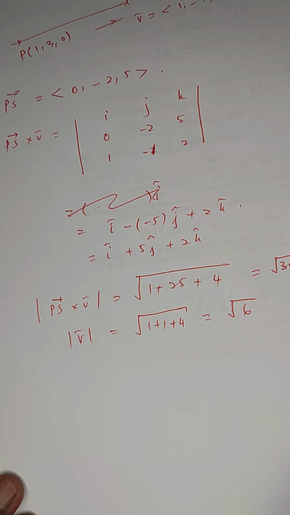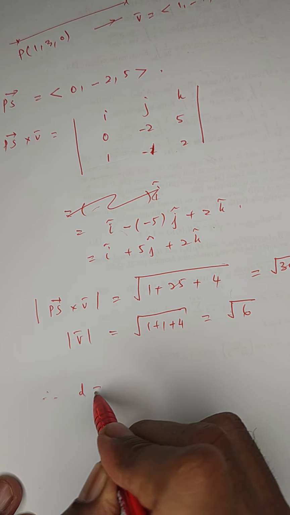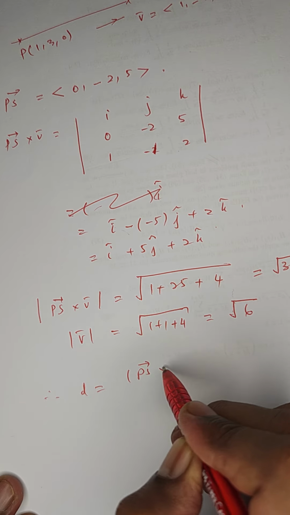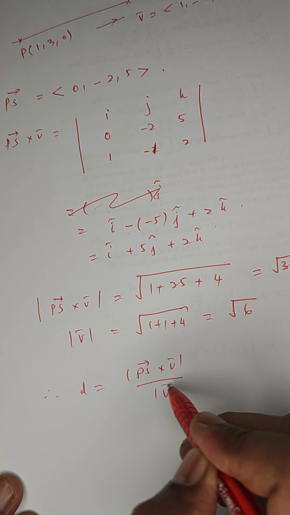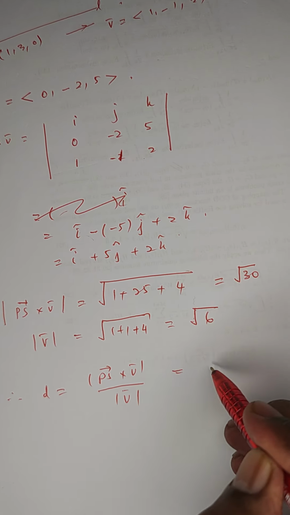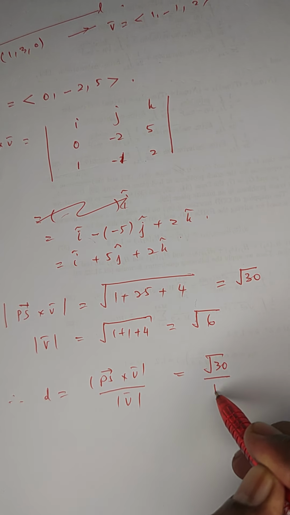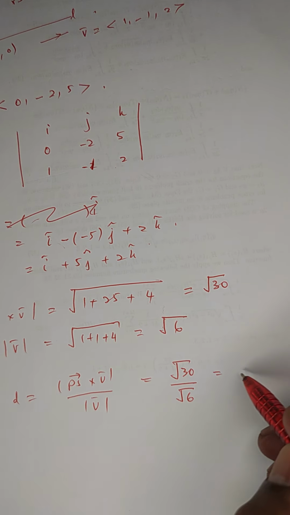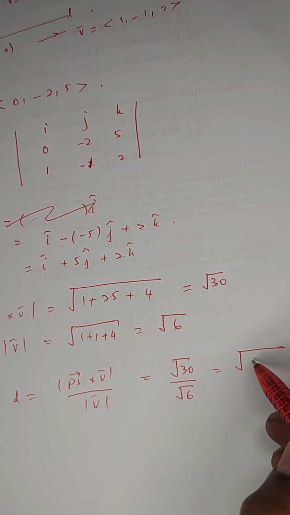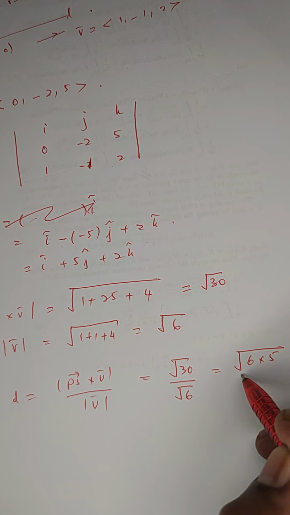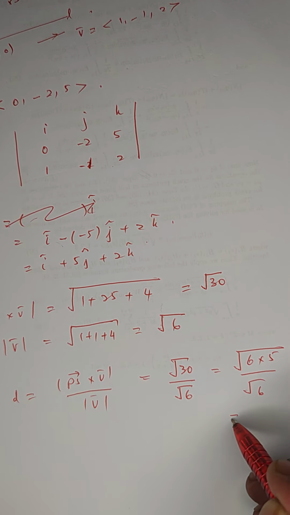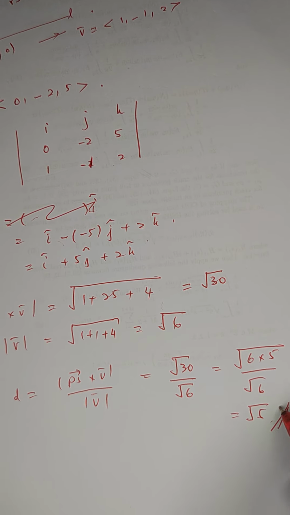So therefore the distance to L is the magnitude of PS cross V over the magnitude of V, that gives you 30 over 6. You can write 30 as 6 times 5 over 6, that gives you 5.